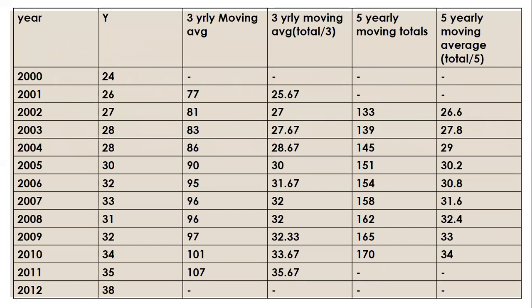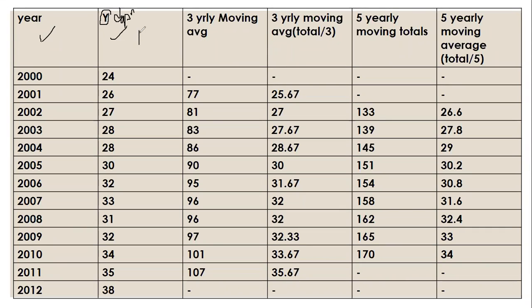Here, if you see, the first column is the year. Then we have copied both the columns from the question, that is the year and the variable y. This variable y is a dependent factor.